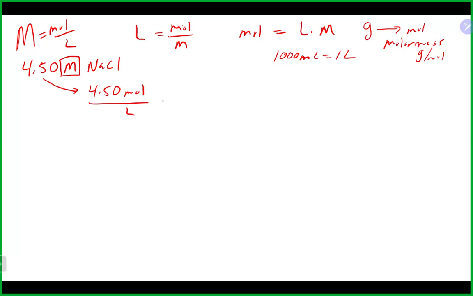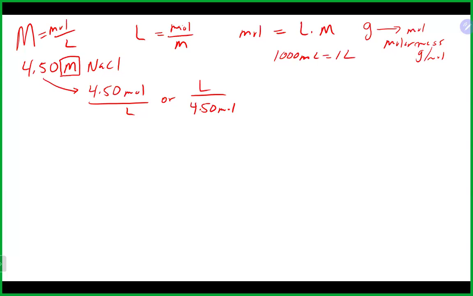And again, you could flip it around and put the liters on top, 4.50 moles. The number always goes with the moles part, and the liters is always one. So the liters part is always one when you have the molarity. The number always stays with it.